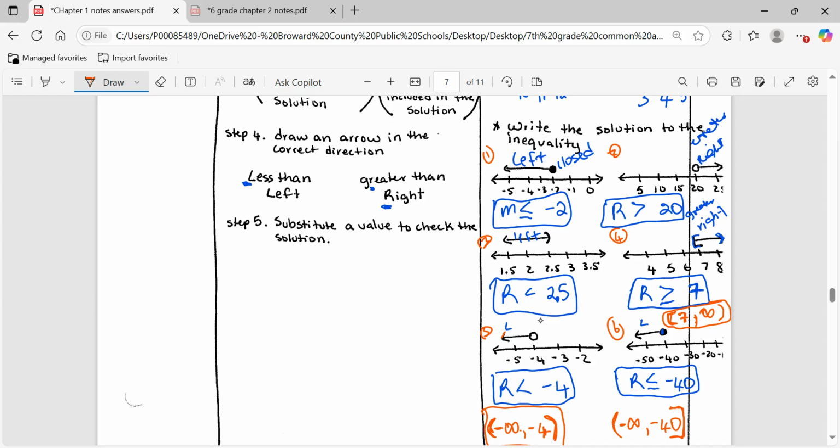So for this, you would have negative infinity, and it's going to positive 2.5 because that's the end point. And then it's close with a parentheses because it was an open circle, or it's just less than, not less than or equal to. Go ahead and pause now and try out number 1 and number 2.